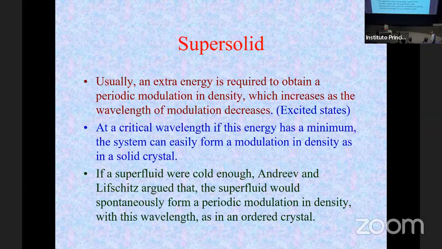So Henri van Lifshitz argued that if the temperature was cold enough, this energy in some system could be typically zero. And then the system will spontaneously form a periodic modulation in density at this wavelength. So that is the idea.